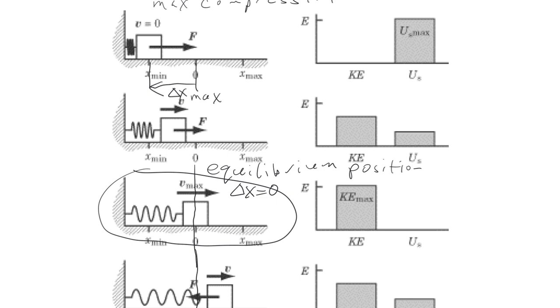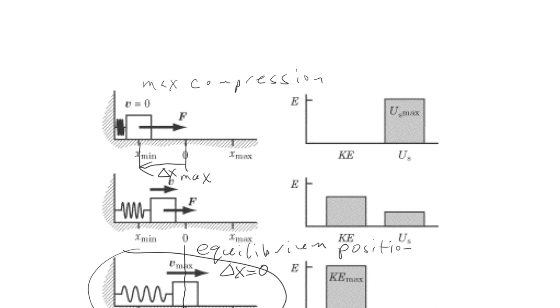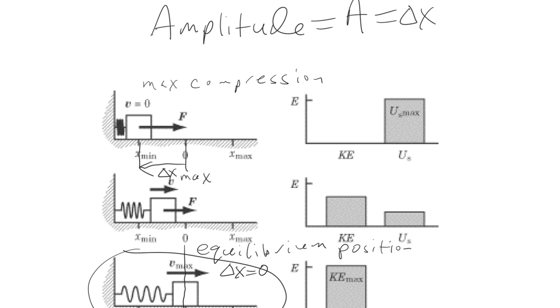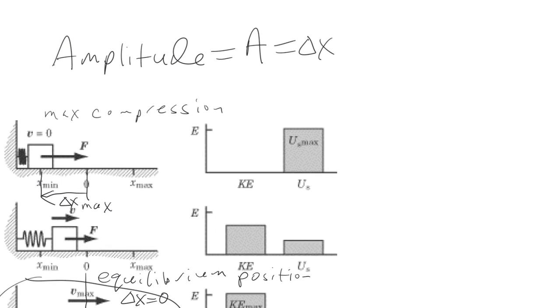Okay, so there's a new term for you. Amplitude, given the capital letter A, is the maximum displacement from the equilibrium position.